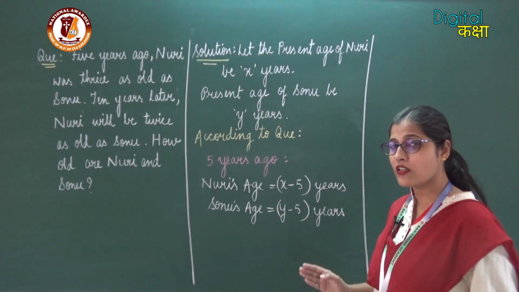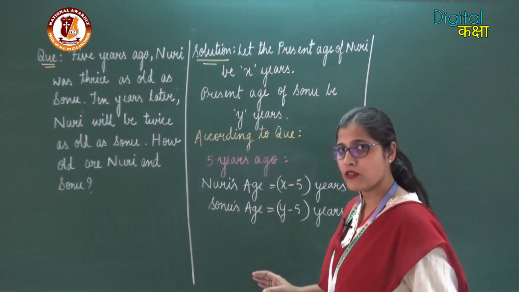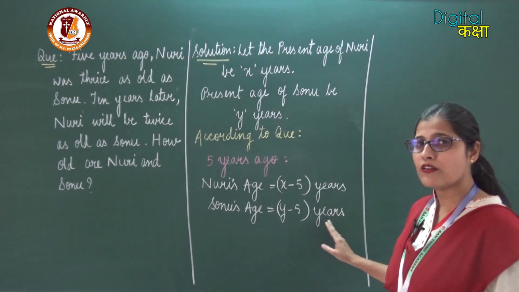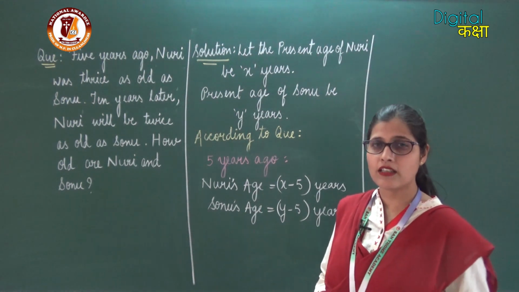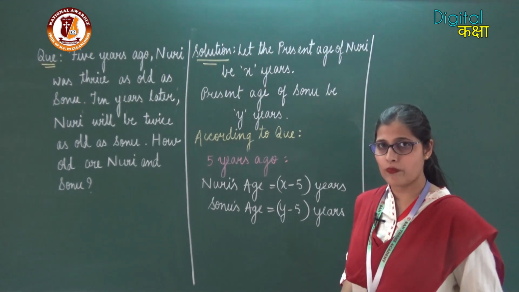We will subtract 5 from the present age of Noori, and Sonu's age was y minus 5 years. Here also we are subtracting 5 from the present age of Sonu.